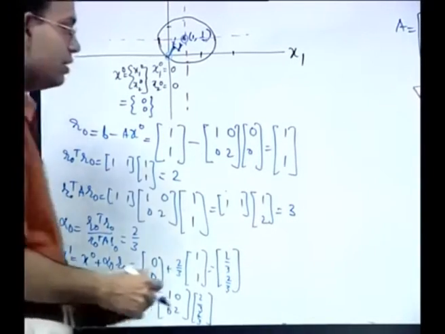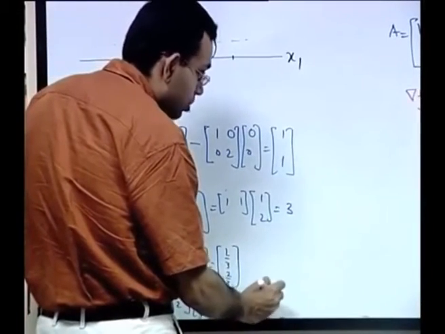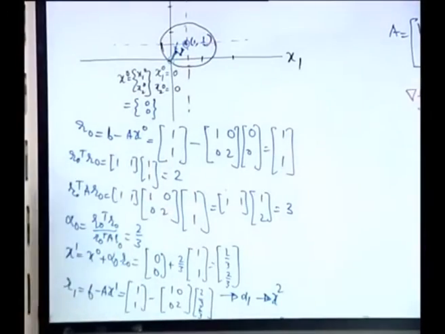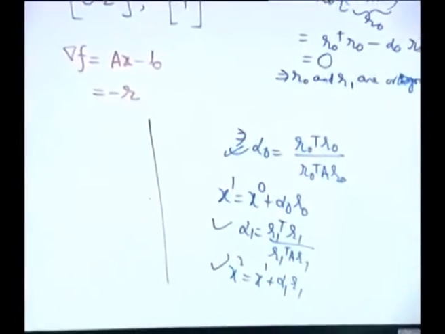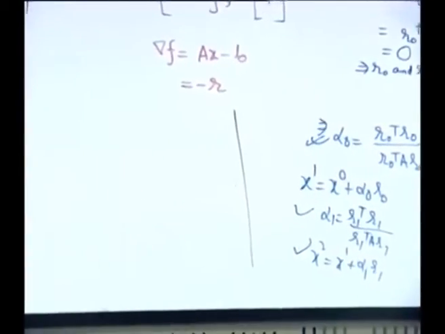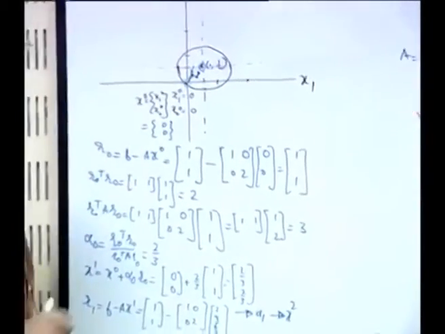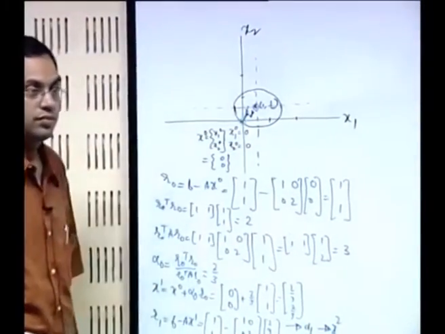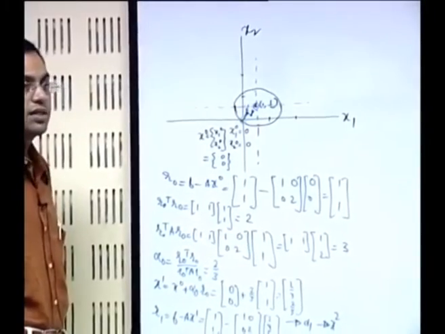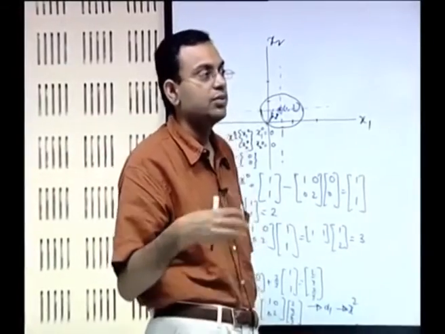Once you calculate R1, you can calculate alpha 1 and then you can calculate x2 by using these formulas. So in this way you can calculate alpha 2 and then x3 and so on till you find that you reach the solution. That means when you find that you reach the solution, your residual becomes 0. That is when you reach the solution.